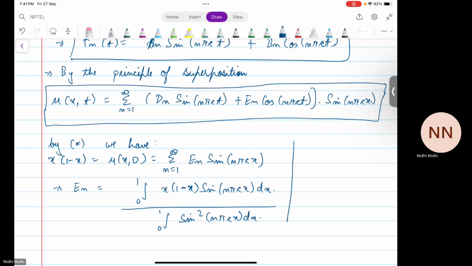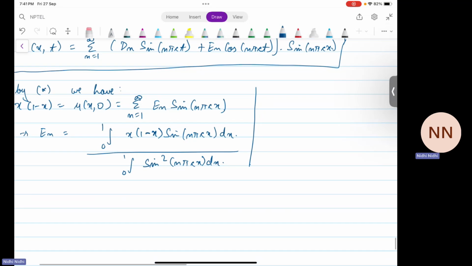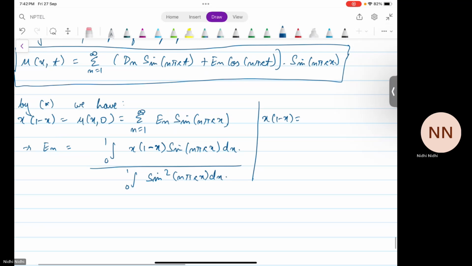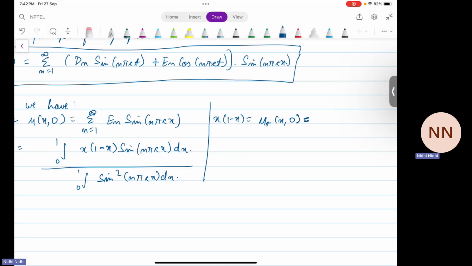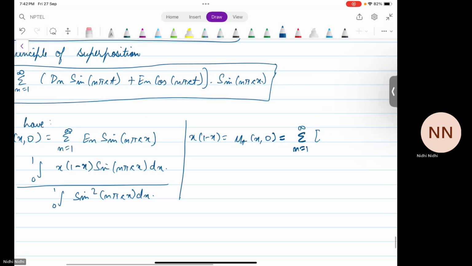Also we have x(1 minus x) is equal to u_t at (x,0), which is equal to, since sine n pi x is independent of t, we have summation n from 1 to infinity. Derivative of sine is cos and cos 0 is 1.